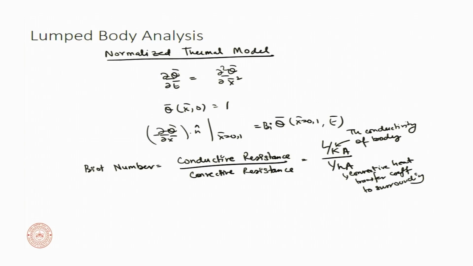Okay, so it is the heat being convected away to the surrounding. A will get cancelled, L is the effective length, so this will be equal to H L by K.